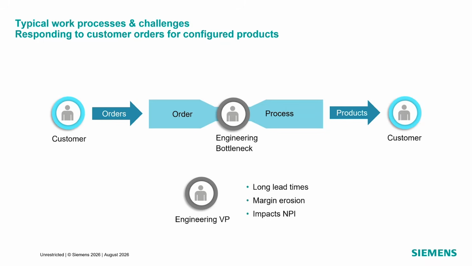And one important thing here as well, in these types of scenarios, our engineers are usually occupied with that repetitive order work, and they end up with less capacity for new product introduction and also less capacity for higher value innovation, which, as we all know, is very important these days in the world of engineering. So in short, product configuration software really can help you move those repeatable decisions out of the bottleneck.